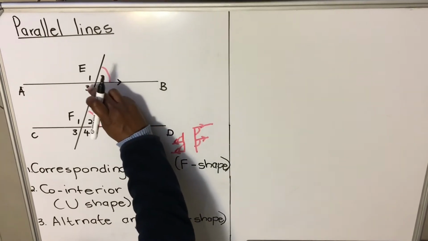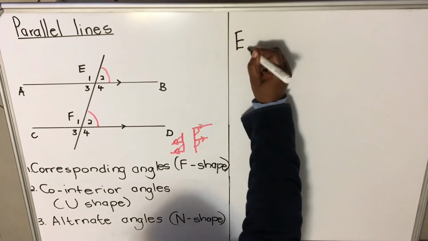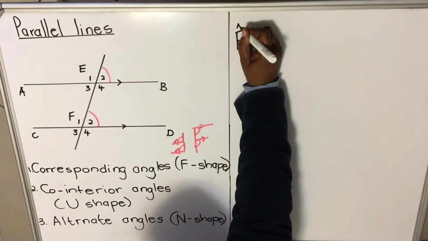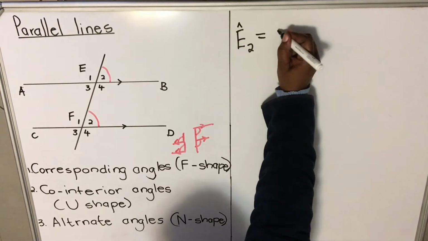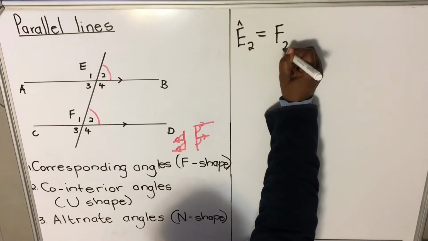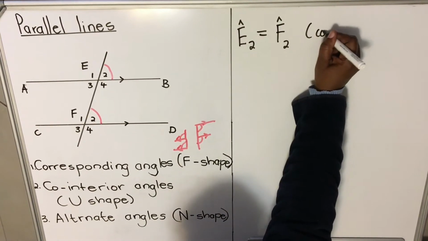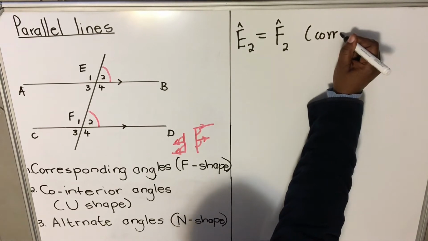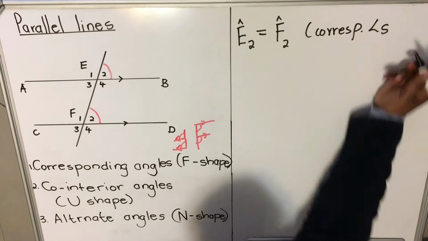I also want to show you how to write them. Because they've written the 1, 2, 3, 4 for you, they are telling you that angle E2 is equal to angle F2. Then you write that, and your reason will be corresponding angles.